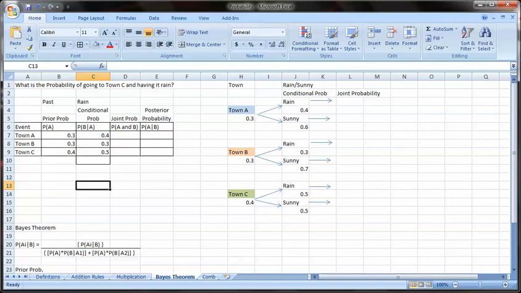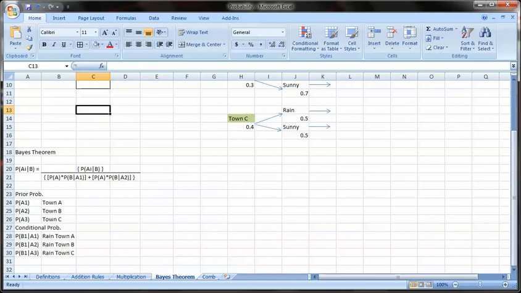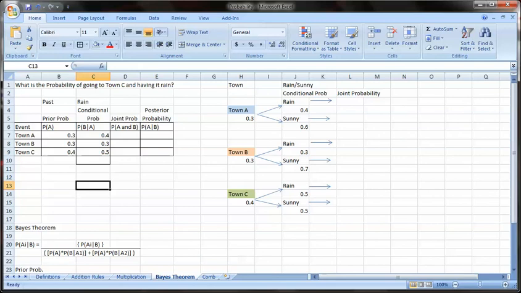The first one is through a contingency table. The second one is this tree diagram, and the third one is through an equation. This is actually Bayes' theorem, whereas the rest of them look at all the different options or part of the options.